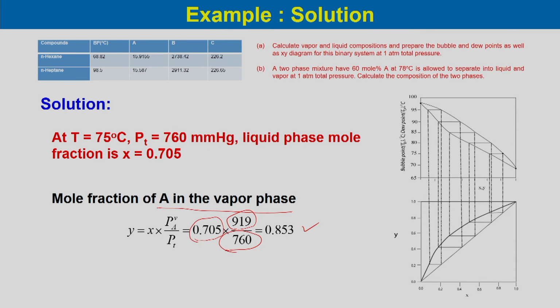Then, if we plot, we will obtain the Txy diagram like this and also the xy diagram, which is shown below. Alternatively, if you have a Txy plot and the tie line, we just come down vertically to the 45-degree diagonal and then draw a horizontal line, and from this point on the tie line draw a vertical line.